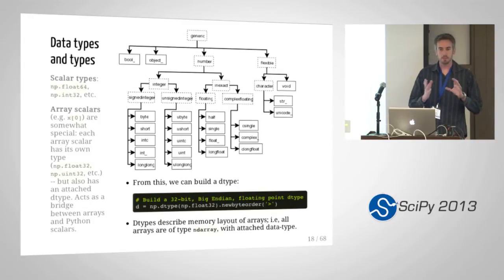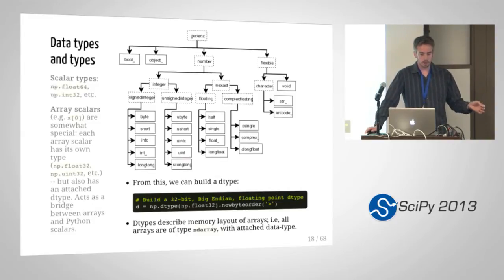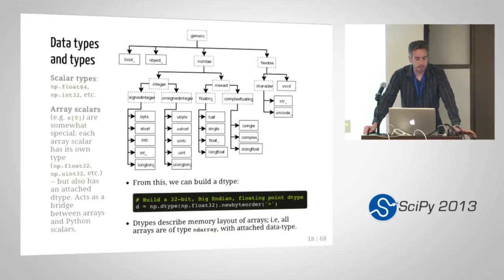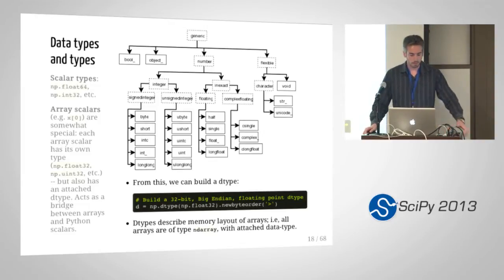It's the bridge between the pure scalar numbers and the NumPy arrays. The array scalars typically have types like np.float32, np.uint32, etc. But it's also got a data type attached to it, and in many ways it also performs like a NumPy array. So that allows us to bridge the world from the array into pure Python scalars.